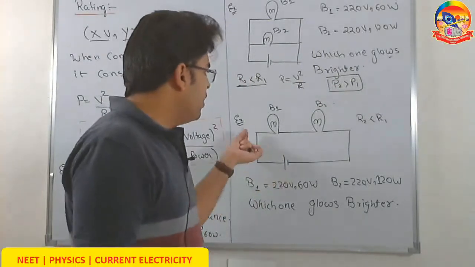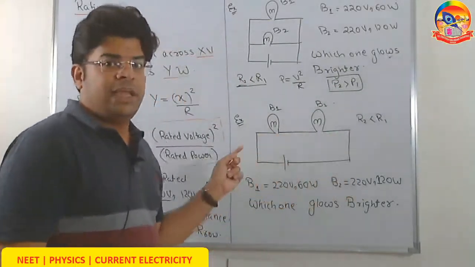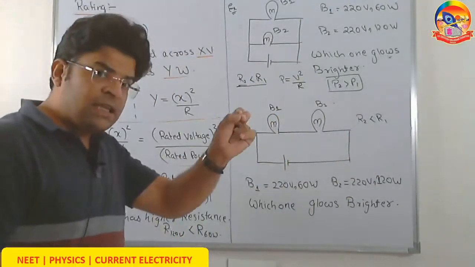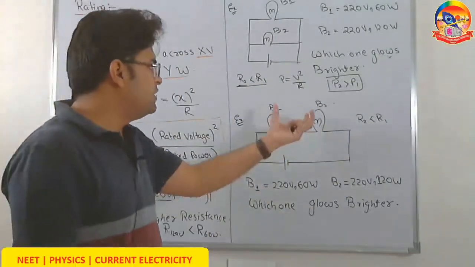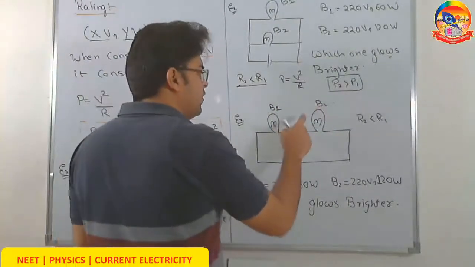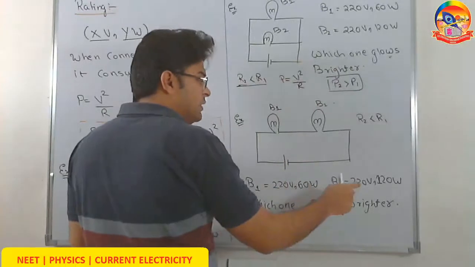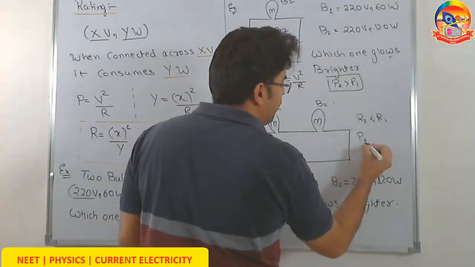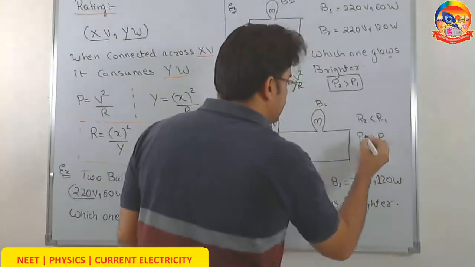So now here, when connected in series, same current will flow through both of them. So the one which has got more resistance will dissipate more power, and the one which has got less resistance will dissipate less power. Since the resistance of the 60 watt one is more, the power consumed by 1 will be more than the power consumed by 2.